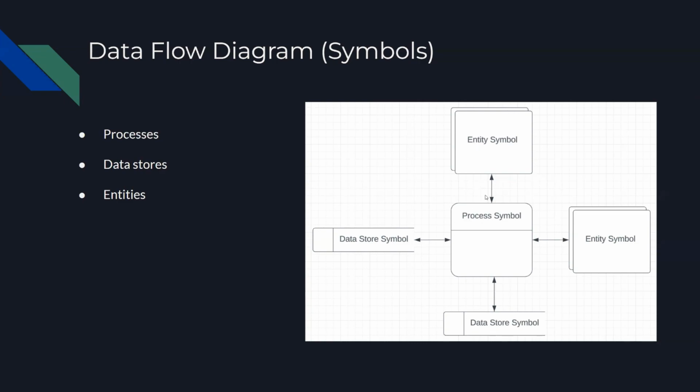So that's what makes it differentiated from a process symbol. Entities in data flow diagrams are also referred to as terminators, as they serve as data origins or final destinations. Data flow diagrams depict only external entities that either provide data to the system, so back and forth between a process, or receive output from it, which is illustrated here.